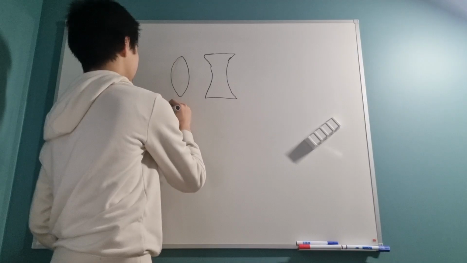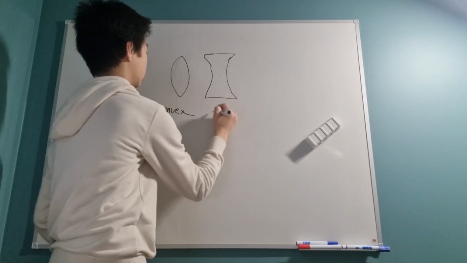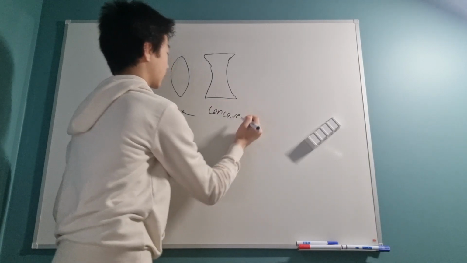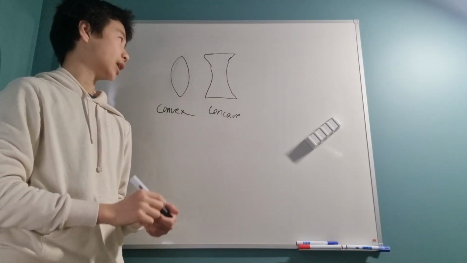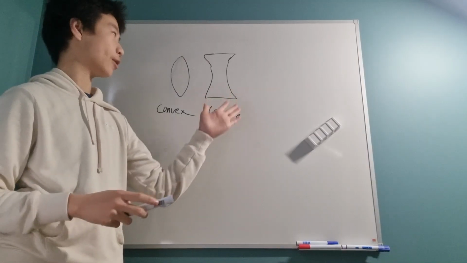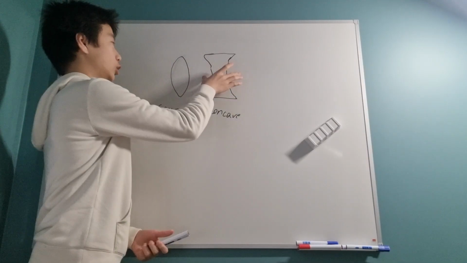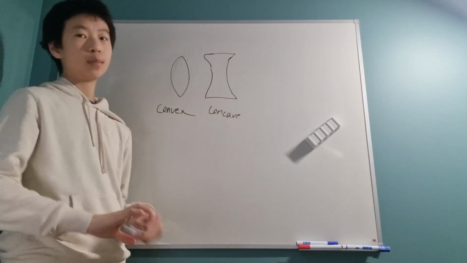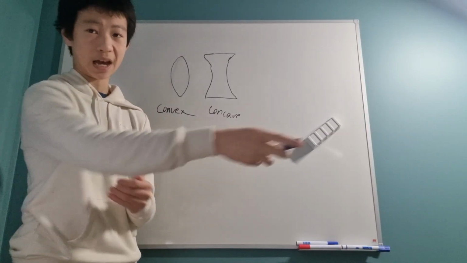And let's label them. Convex, concave. A simple way to remember both of them is imagining their physical appearance. So the concave, you can notice there's an inner bulge on both sides, and this resembles a cave, because caves you wander inside.